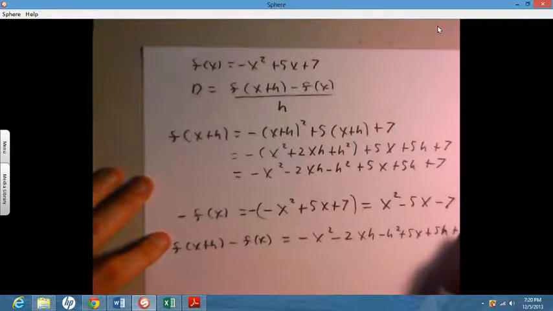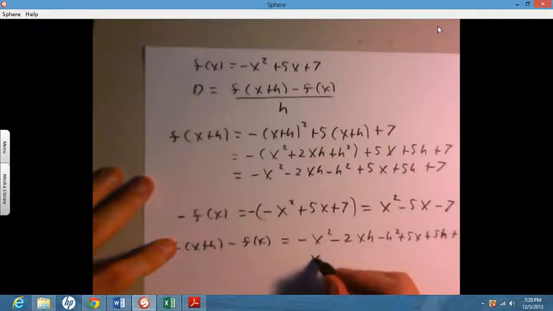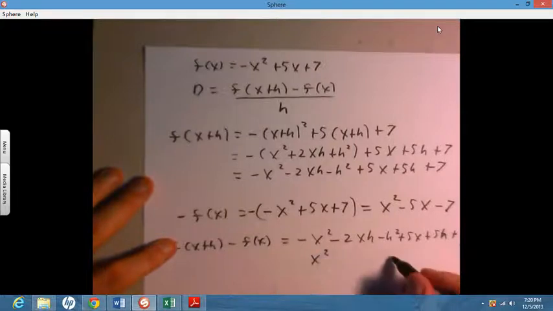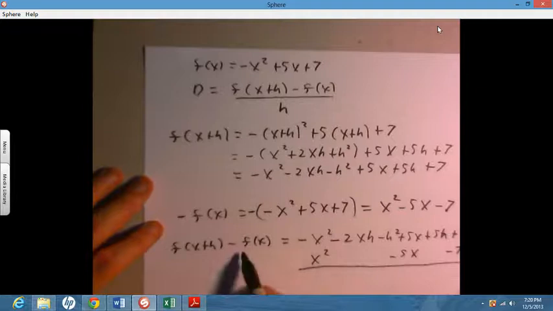And I'm just going to write the minus f of x beneath it. And minus f of x is going to be x squared. And I'll write the minus 5x over here, and I'll put the negative 7 over here. And I can do that because I found negative f of x instead of f of x. So all the signs are already correct, so I can just write them out like so.